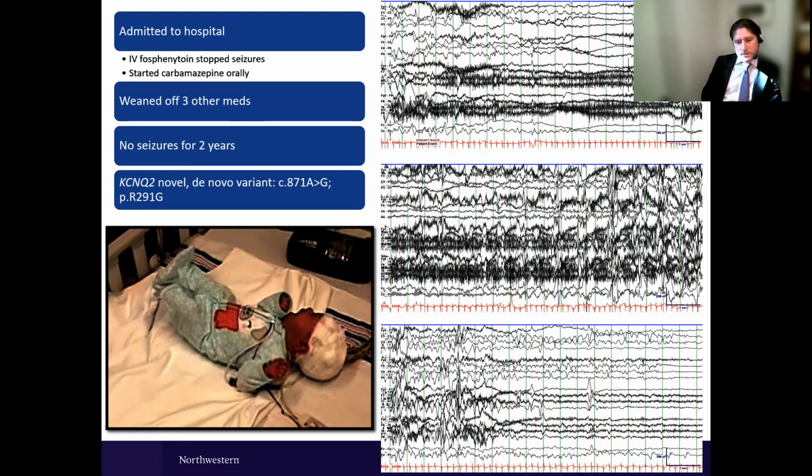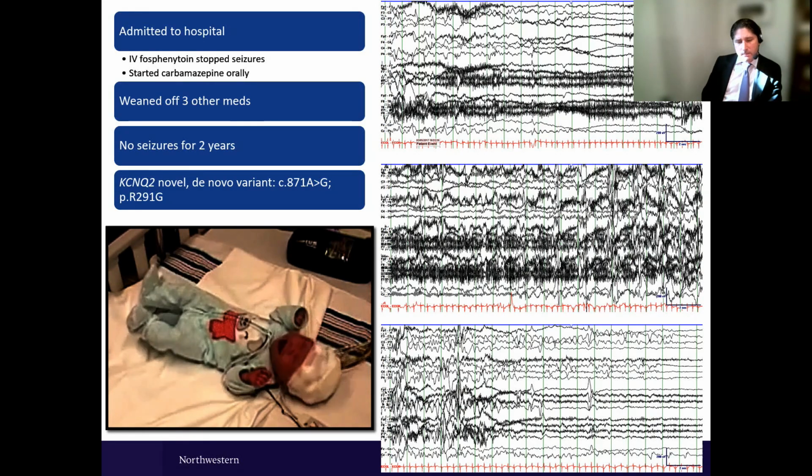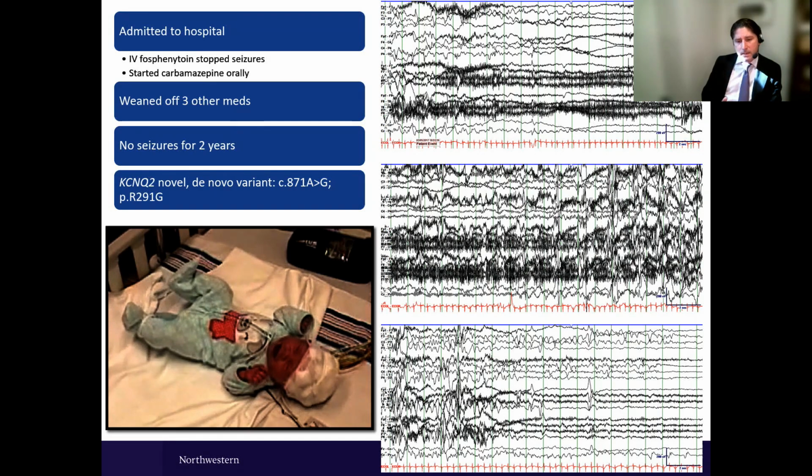On the video, you can see the baby having eye deviation, stiffening, moving the arms, turning sort of blue in the face, and letting out this cry. I hope you could hear. After starting carbamazepine, a sodium channel blocker, there were no further seizures after that.